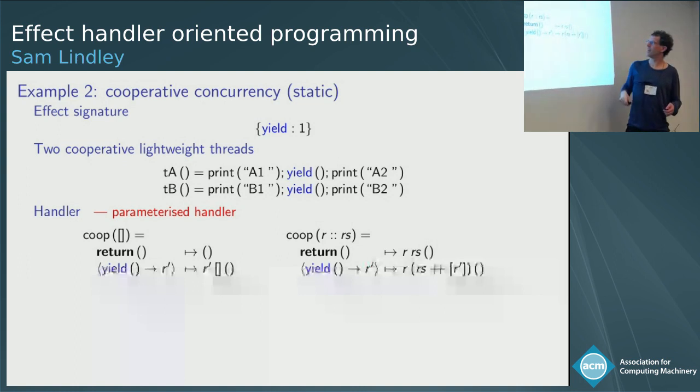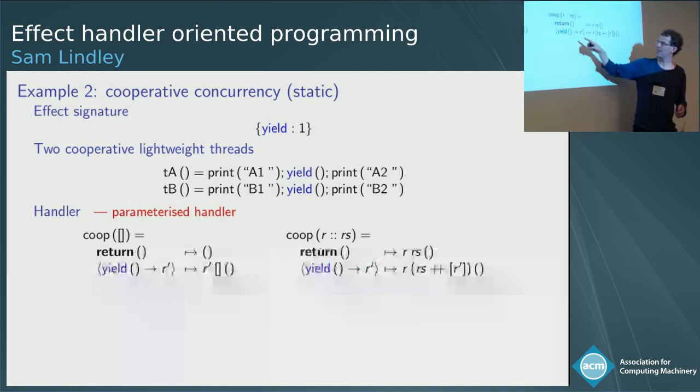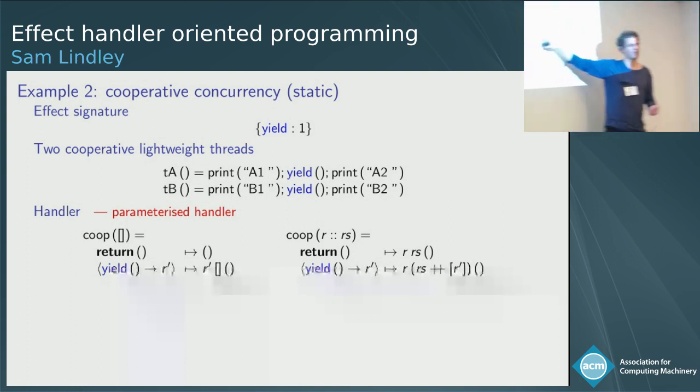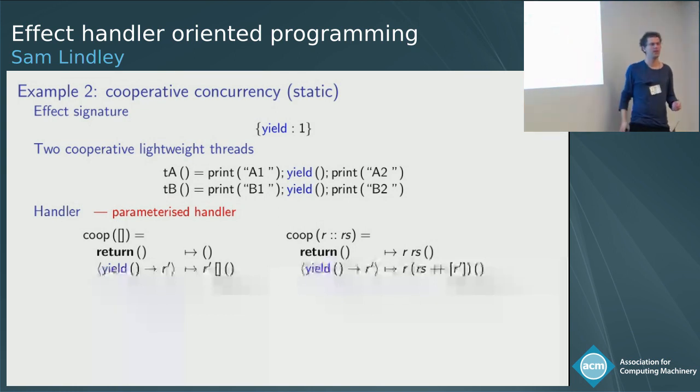And then here it gets more interesting. If the current thread finishes, then you just take the first one that's waiting to run and run that one. Similarly, if you get a yield, you take the first thread, but crucially, you take the rest of the current thread and you stick that onto the end of the queue of resumptions waiting to run.